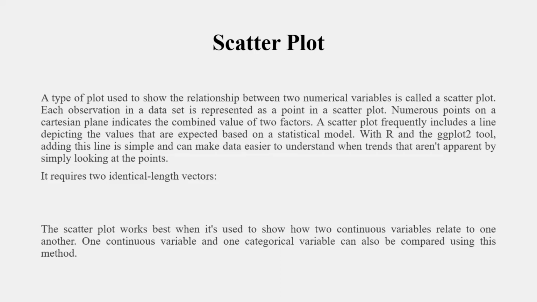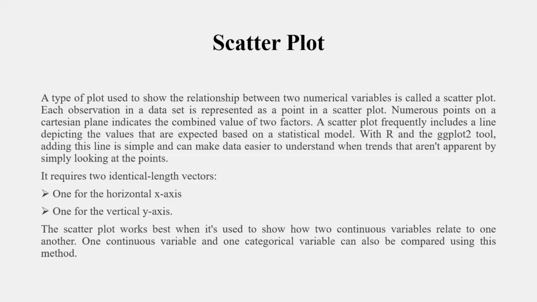It requires two identical length vectors. The first one is for the horizontal x-axis. The next one is for the vertical y-axis. The scatter plot works best when it's used to show how two continuous variables relate to one another.